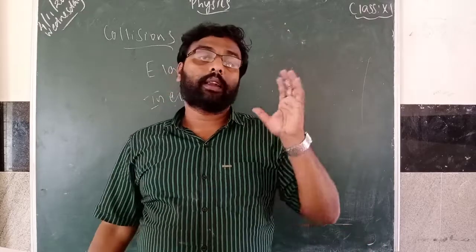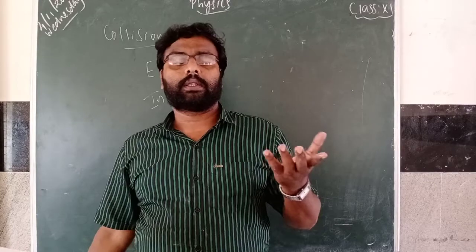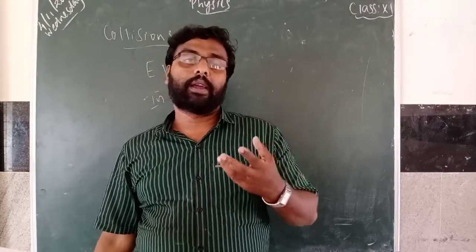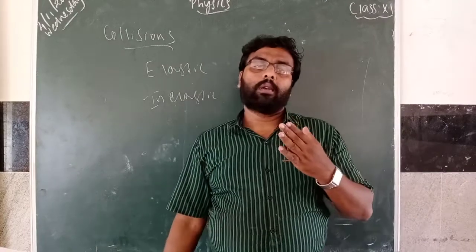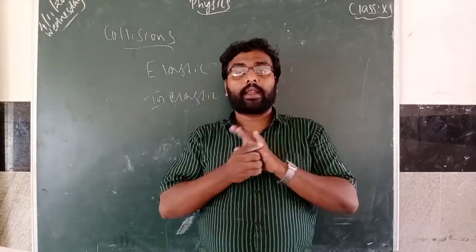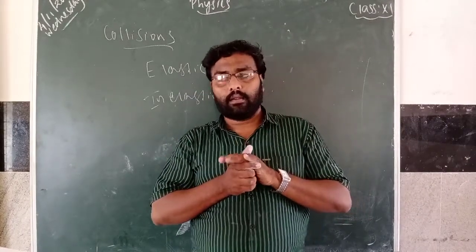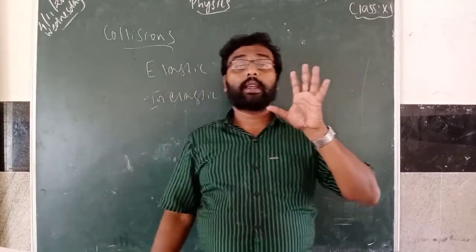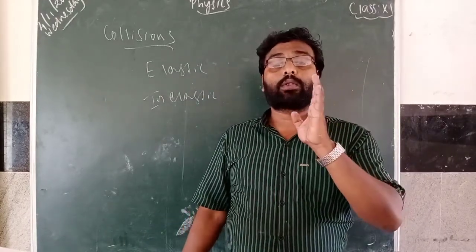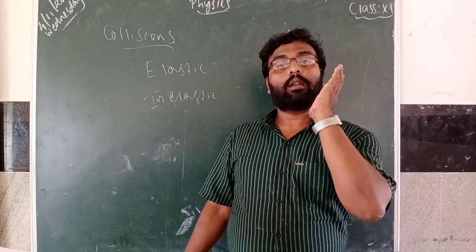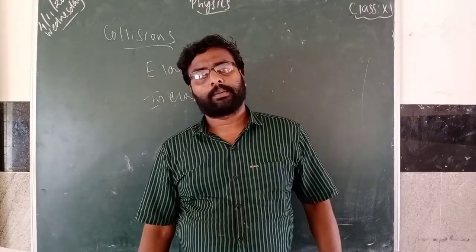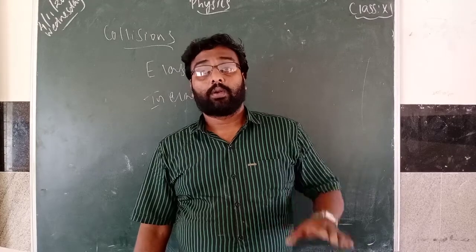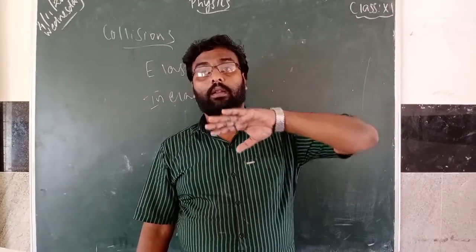Elastic collision and inelastic collision. Elastic collision, you can tell all these examples: billiard, carom board and all. In these, the total kinetic energy before collision is equal to the total kinetic energy after collision. So during collision, what will happen?